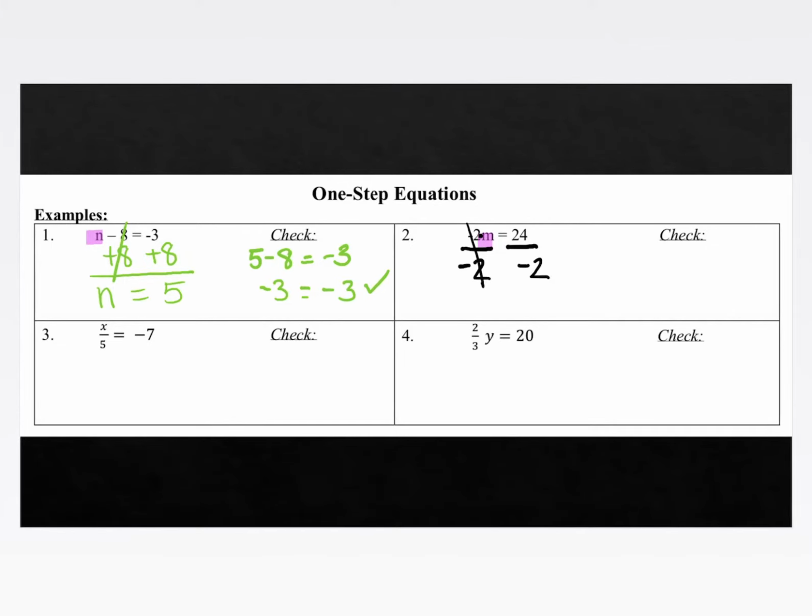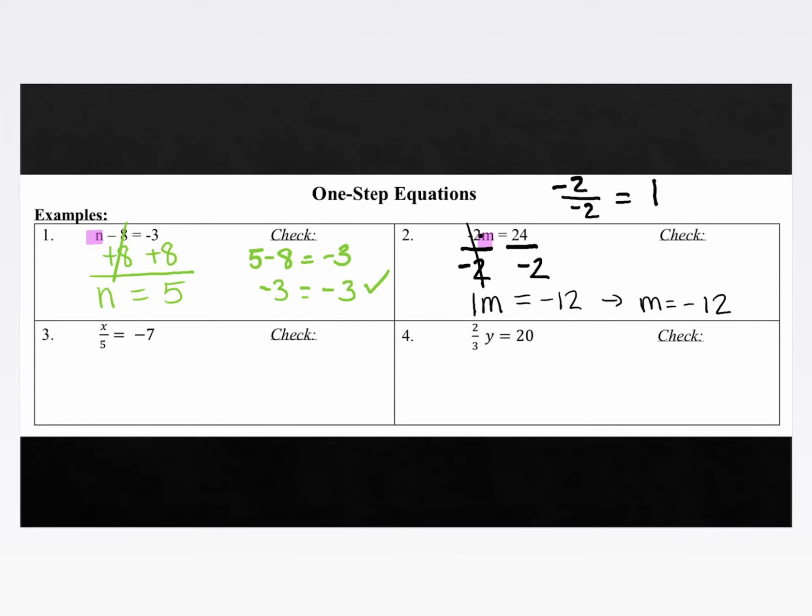Negative 2 divided by negative 2 simplifies to 1, or in this case, 1m. But since 1 is a humble number, sometimes we don't write it. Usually we just leave it in terms of the variable. On the right-hand side, we have 24 divided by negative 2, which gives us negative 12. So m equals negative 12.